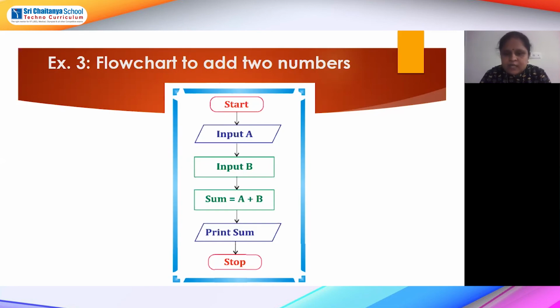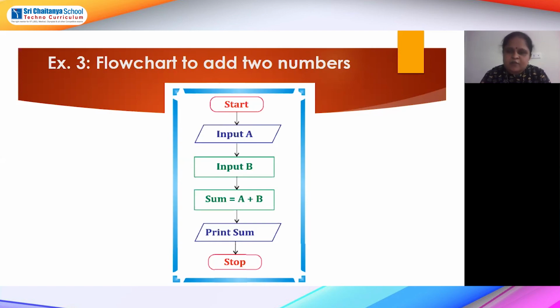Then next is sum is equal to A plus B. Here it is a process, so I am using a rectangle shape to process the sum. Next, printing the sum. Again, I am displaying something, so I am using the input output symbol for this.